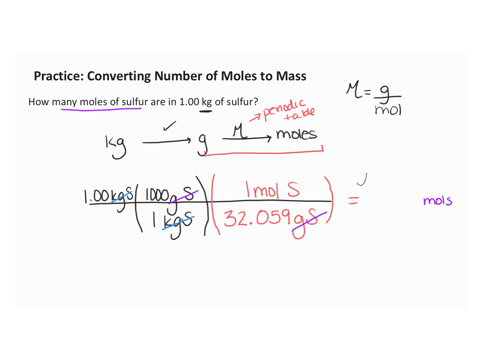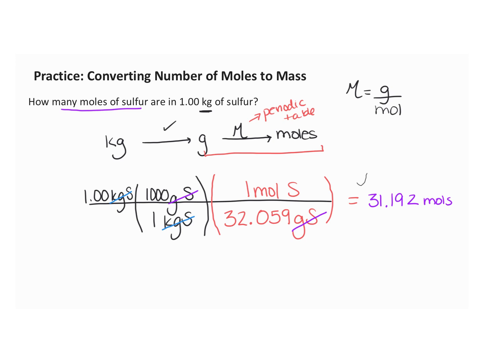So now I'm going to pick up my calculator, and if it's in the numerator, I'm going to multiply. So 1 times 1,000, we multiply those, and that's in the denominator, so I divide by 32.059. When I get this, I get 31.192 moles.